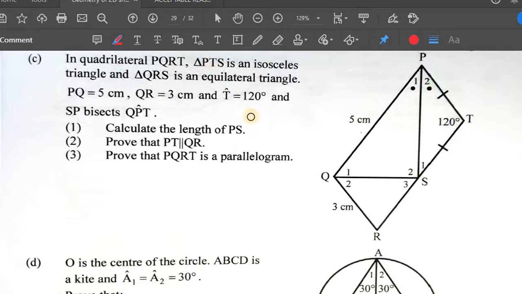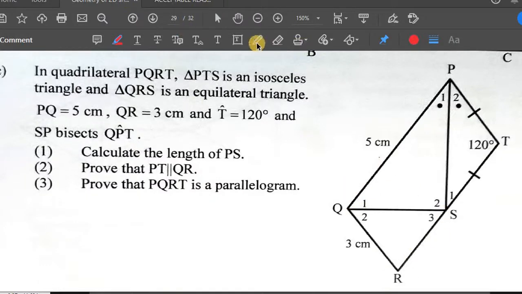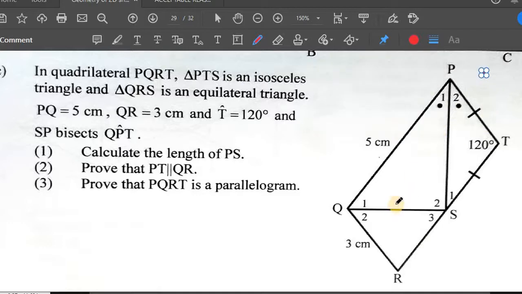Let's just look at this while it's on the screen. QRS is an equilateral triangle. Immediately we know the sides here are equal. We also know that this angle here is 60. This is going to be 60, and this is going to be 60.